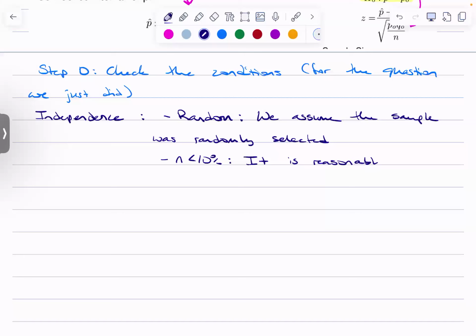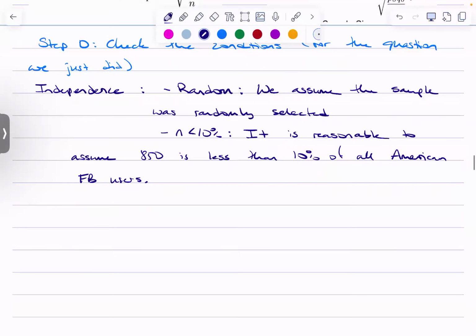Convince your reader it is reasonable to assume 850 is less than 10% of all American Facebook users. Like I said, that one's optional, but we're doing it properly right now.